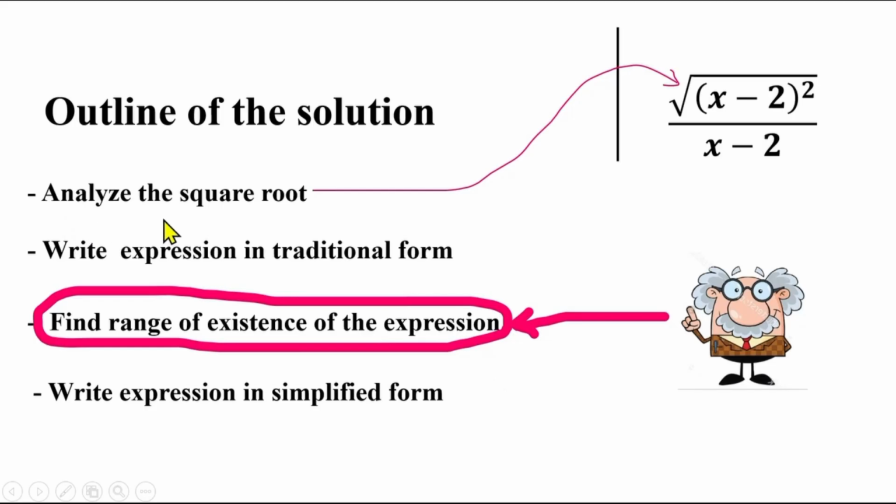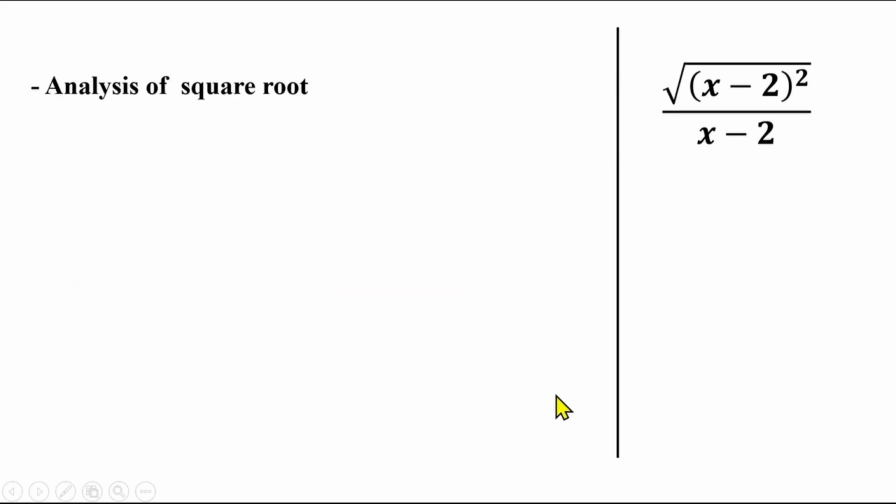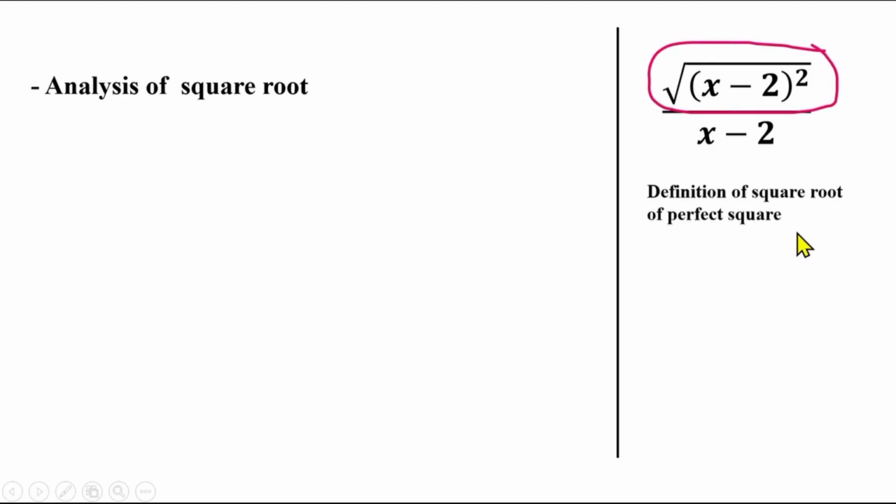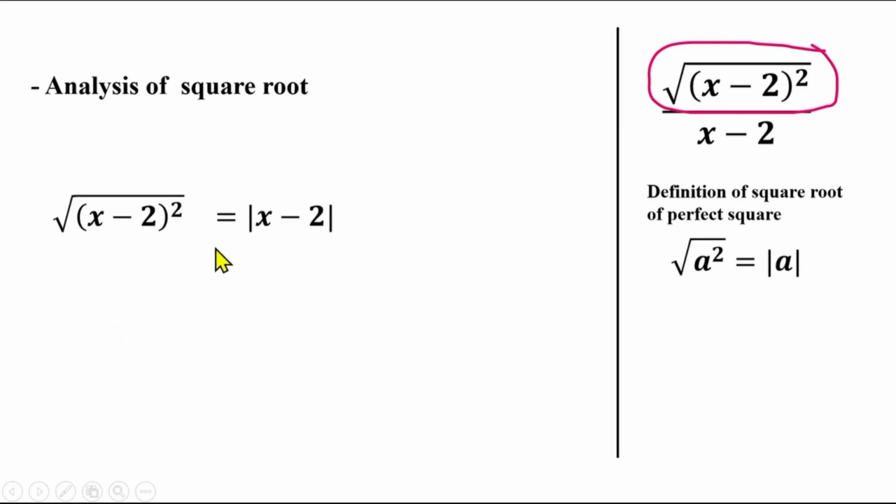We start with analysis of the square root. We use the definition of the square root of a perfect square, and this definition is as follows. Square root of a squared equals modulus a. In our case, a is equal to x minus 2, so we have here this square root equal just to modulus of x minus 2.